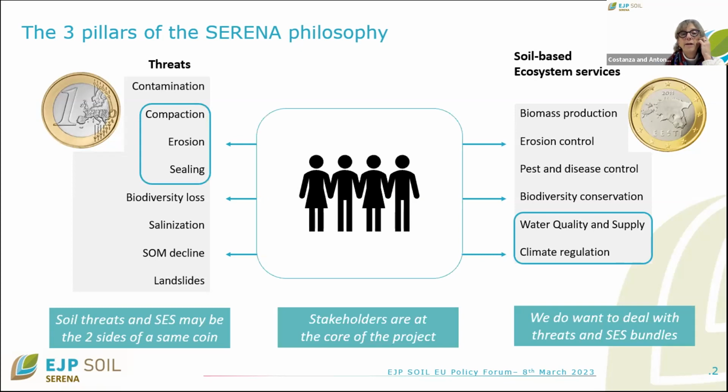And the third and most important pillar is that at the core of the project are the stakeholders, who are involved in all the steps of our project, because we deal with indicators, with modeling, and so on. But these indicators should be consistent with the expectations of the stakeholders.